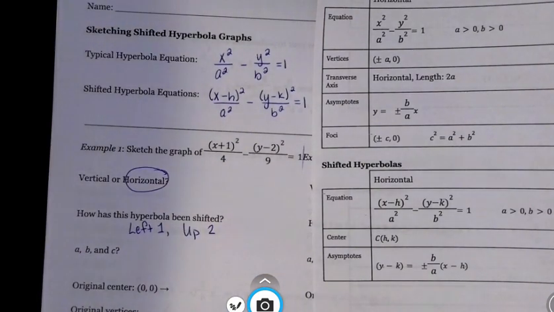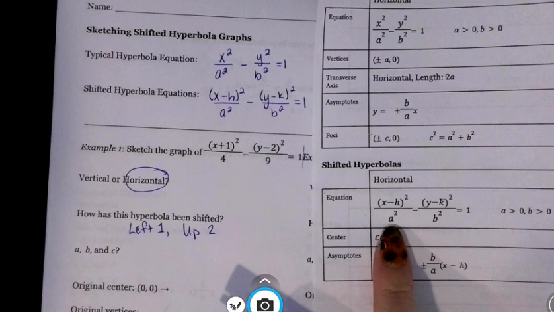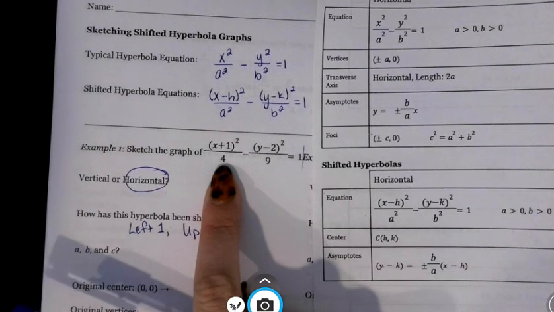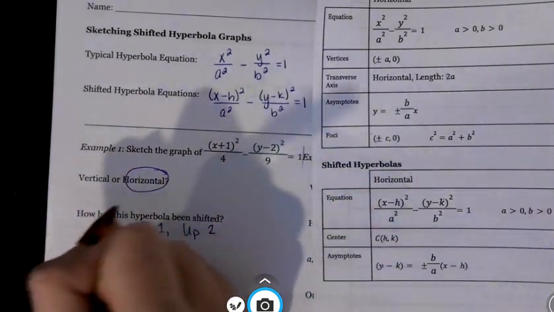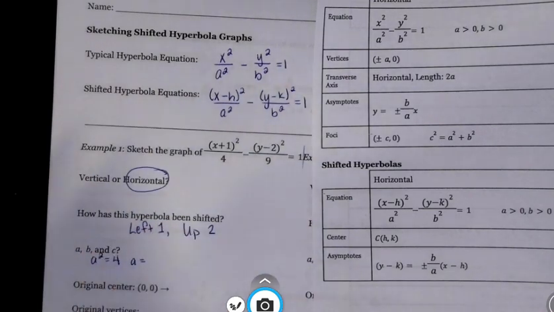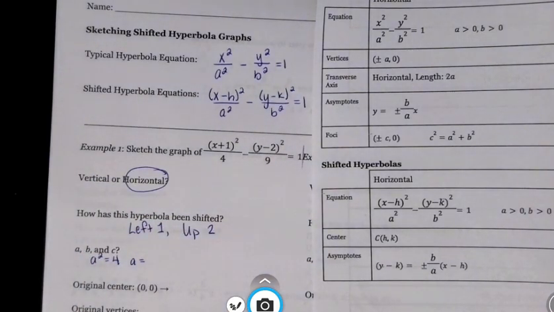So I can find a, b, and c. So using my template, I know that a squared is underneath my x's. So 4 is a squared. So on my sheet here, I know a squared equals 4, which means if I want a by itself, I would have to take the square root of both sides, so I get normal a.